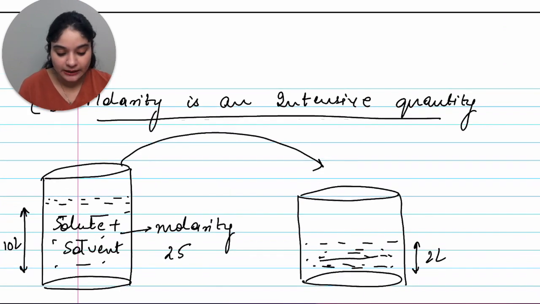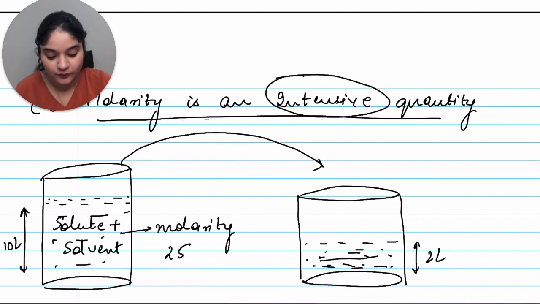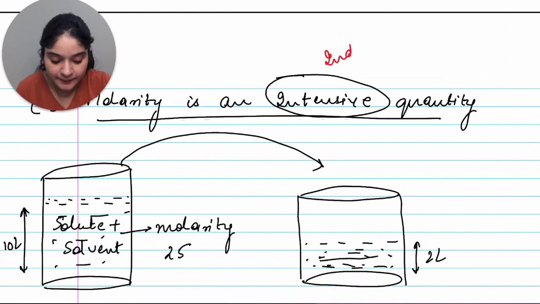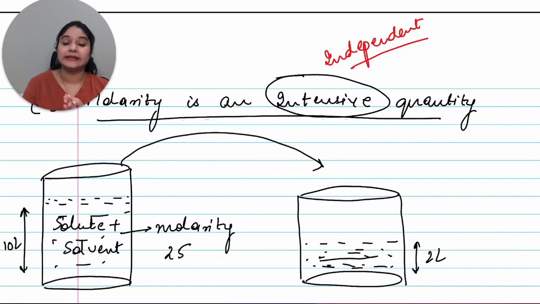The answer is that when I talk about intensive, you can imagine it to be as independent. That means molarity is independent of quantity. It does not depend upon the volume transfer of it.